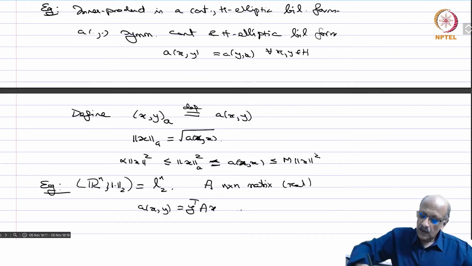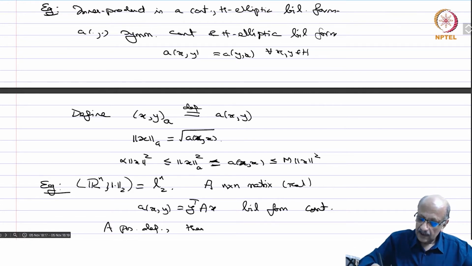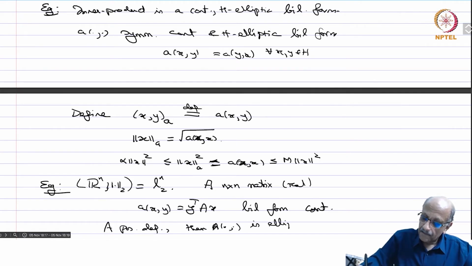So this is a bilinear form and obviously continuous. So if A is positive definite, then A(x,y) is elliptic, R^n elliptic or l^n_2 elliptic, whatever you want to say.